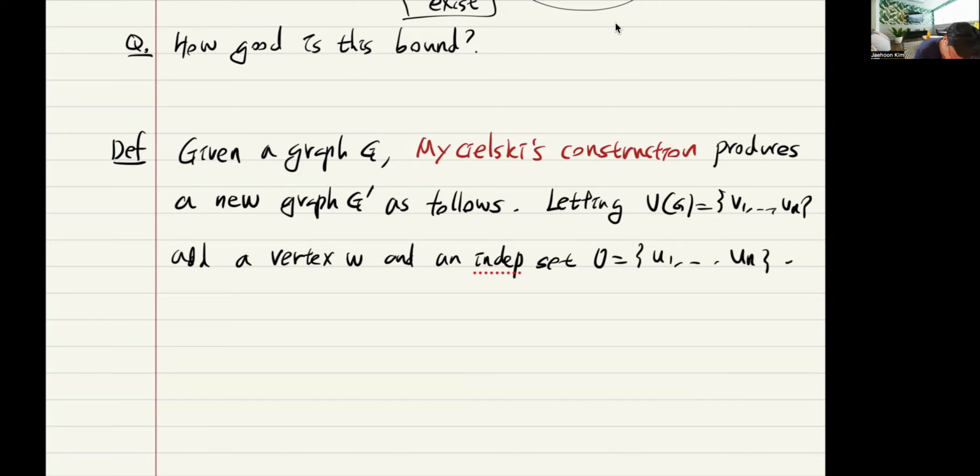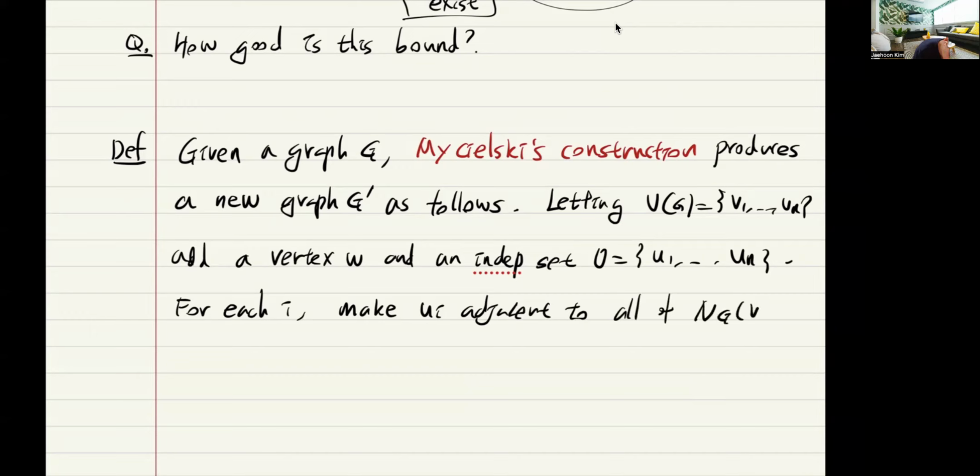Then for each i, we make this new vertex Ui adjacent to all of the neighbors of Vi, and let W be adjacent to all of the vertices in U.